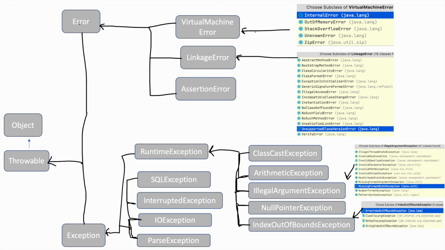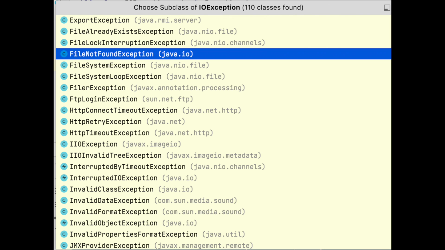When we are working with input output operations, at that time we will get these IOExceptions. The commonly known IOExceptions are FileNotFoundException, FileSystemException, FileSystemLoopException, FilterException, FTPLoginException, FileAlreadyExistsException. These are all the IOExceptions.